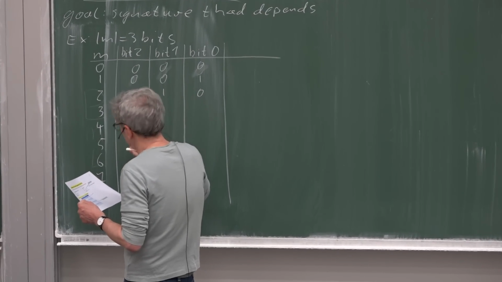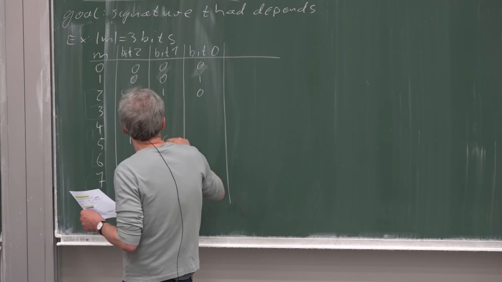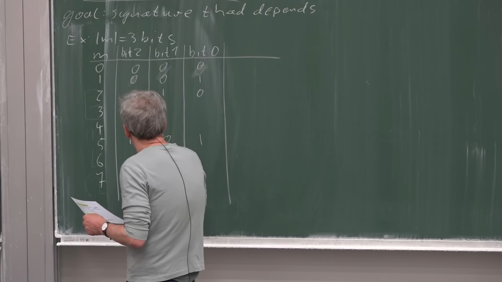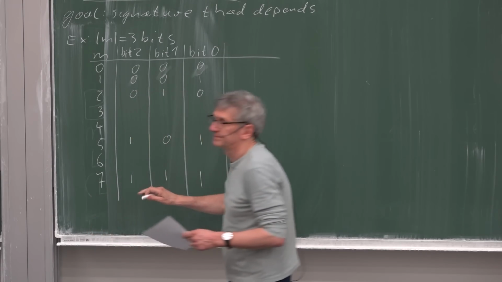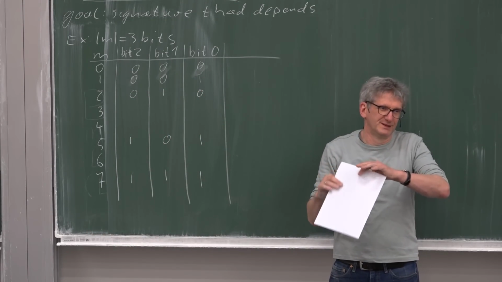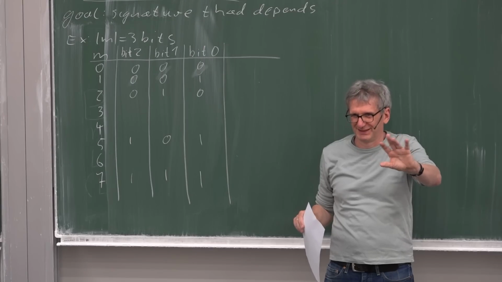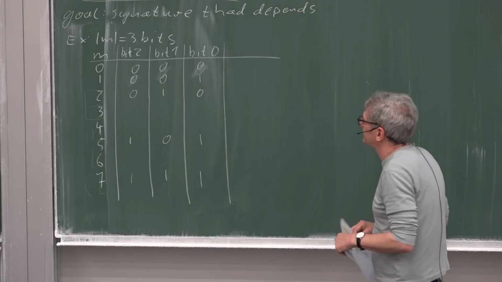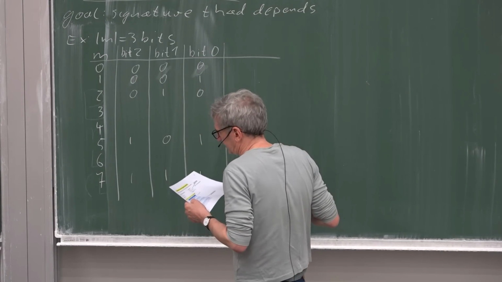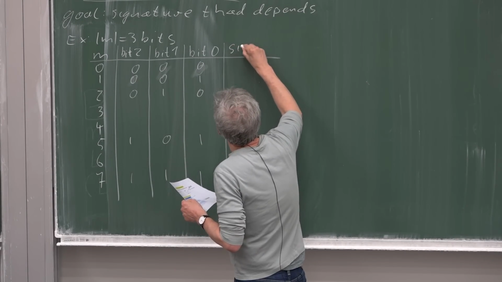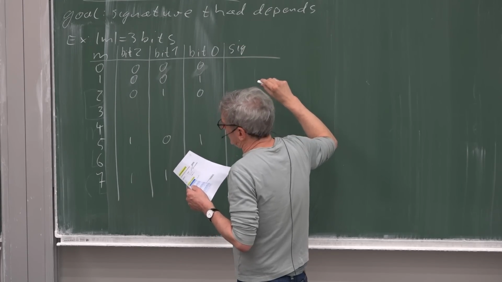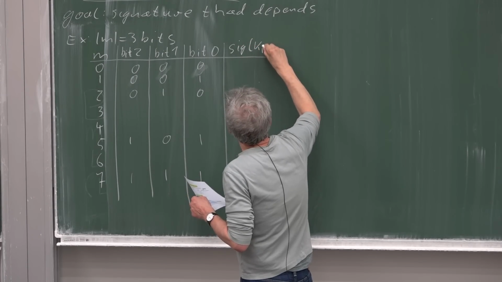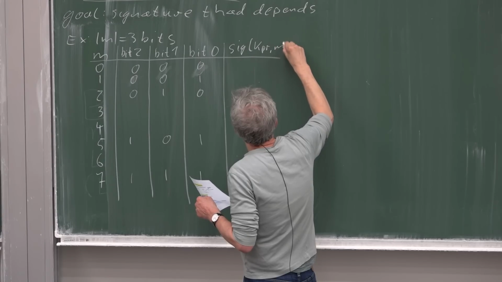I'm doing the 5 because the 5 we're going to use later as an example. This is the binary system, right? So this is very basic here. Feel free to fill all of them. Okay, here the last column, the rightmost column, is the cool thing.